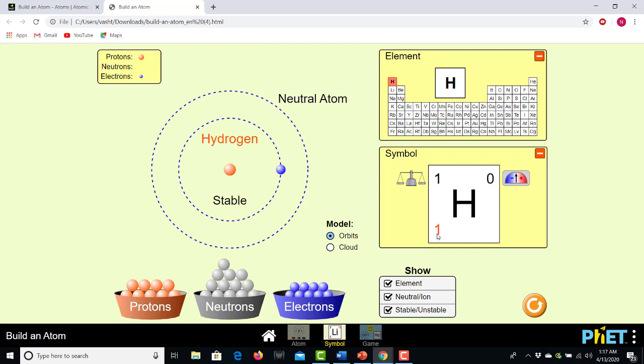This type of symbolization that we're looking at right here is called nuclear chemistry symbolization.